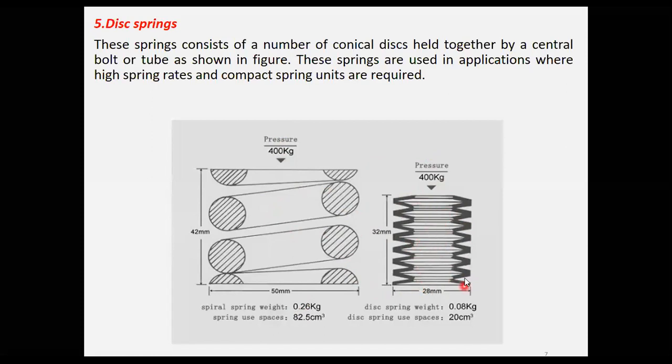This is the bolt or tube, and on this the discs are placed. These are the different types of springs which are used in different applications. Now we'll see the materials.